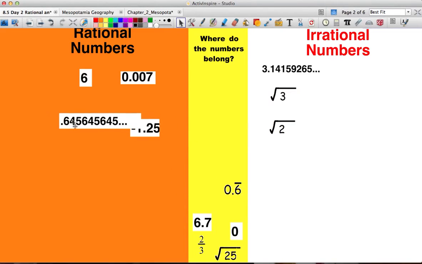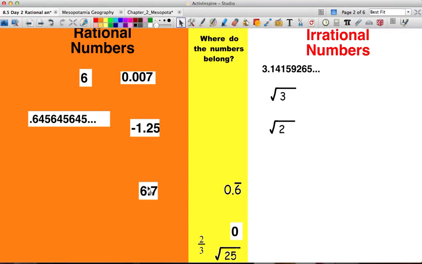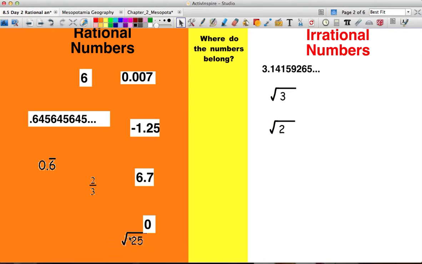Rational, rational, rational, rational, rational, and rational. Right now, these groups of numbers make no sense to you and have no meaning.